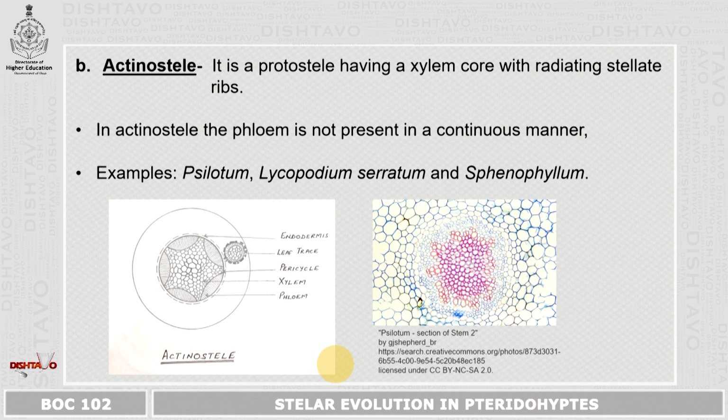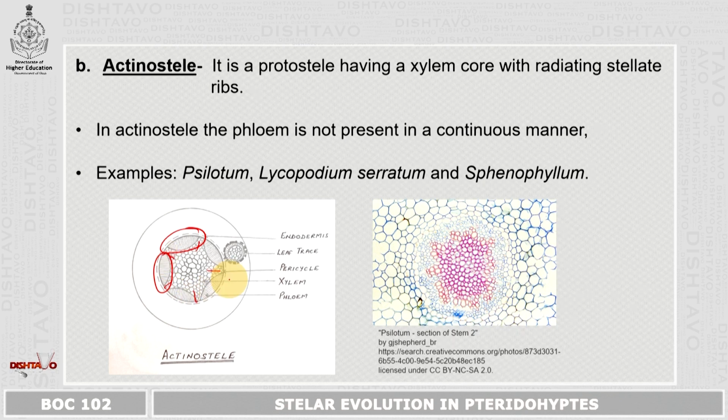Coming to the next one, that is actinostele. It is a protostele having a xylem core with radiating stellate ribs. In actinostele, the phloem is not present in a continuous manner. Unlike the previous one, you have these edges which appear like a star. That's why it's called a radiating stellate rib. If you look closely at the phloem component, it is not continuous.